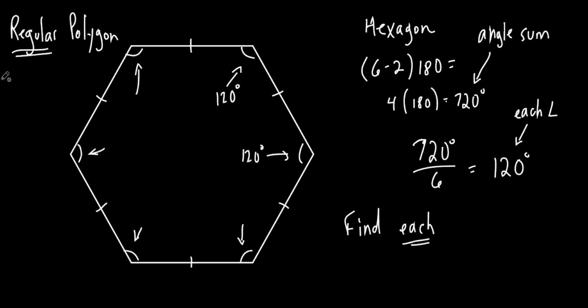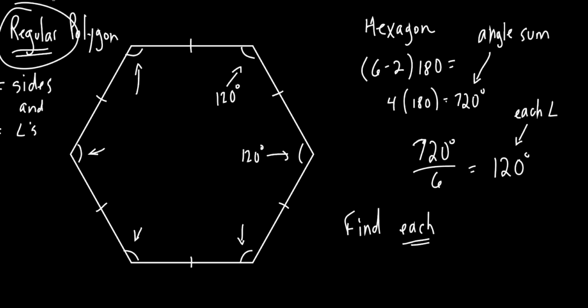So regular means you have equal sides and equal angles. Okay? That's what it means to be regular. So this thing that we did right here only works when you have a regular polygon.